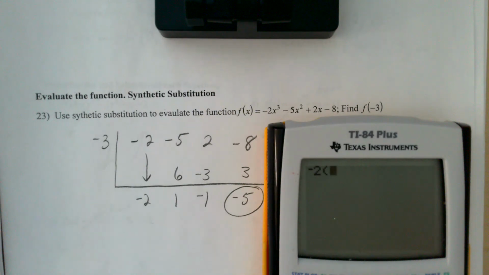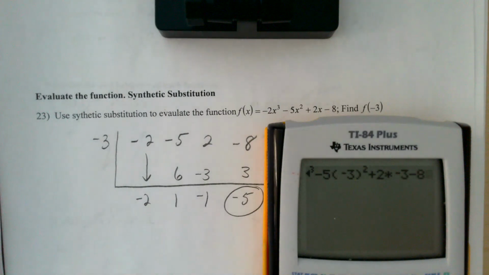So wherever I see an x, I'm going to substitute a negative 3. So I'm going to first of all raise it to the third power. Then I'm going to have negative 5 parentheses negative 3 squared. And then plus 2 times negative 3, and finally minus 8.